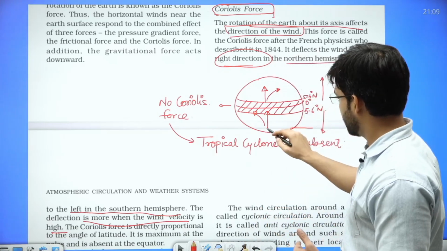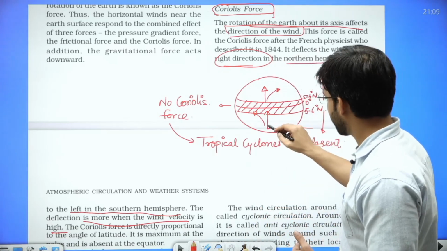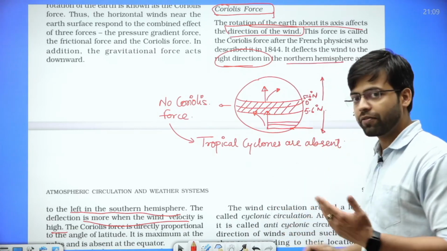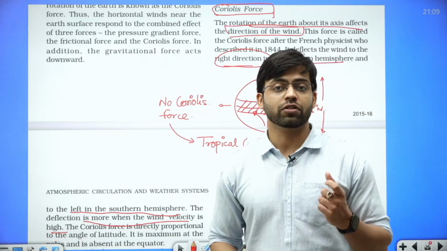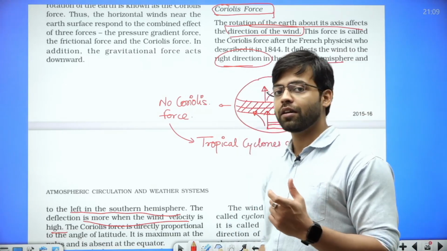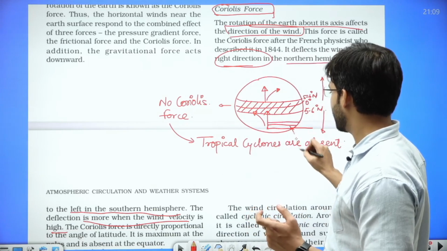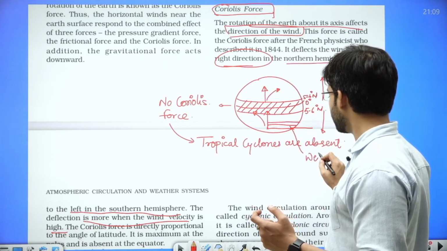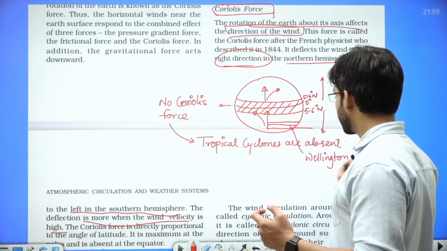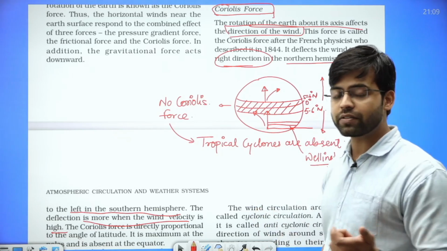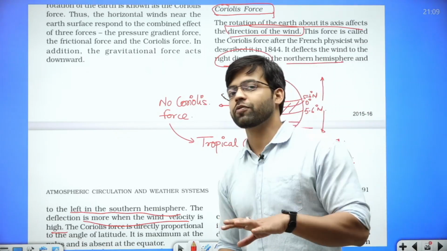And one of the windiest capitals around the world, this information is also written in NCERT, is Wellington, New Zealand. Here the velocity of wind is very high, and also Coriolis force is very high.